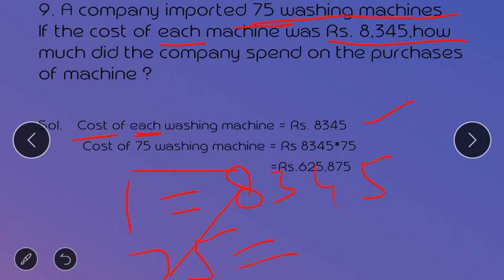So you will get the answer. Multiplication, children: 6,25,875, because here there are 5 digits, no? 6,25,875, that is the cost of 75 washing machines.